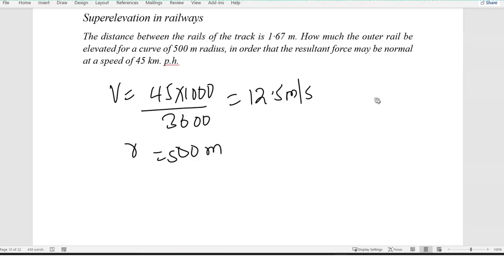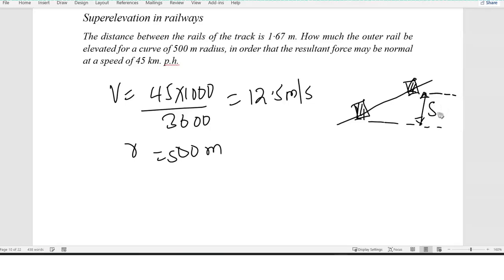So here we are talking about a railway, and we are talking about superelevation. So superelevation is going to be the elevation between this inner rail and the outer rail. So this is the superelevation we are talking about.